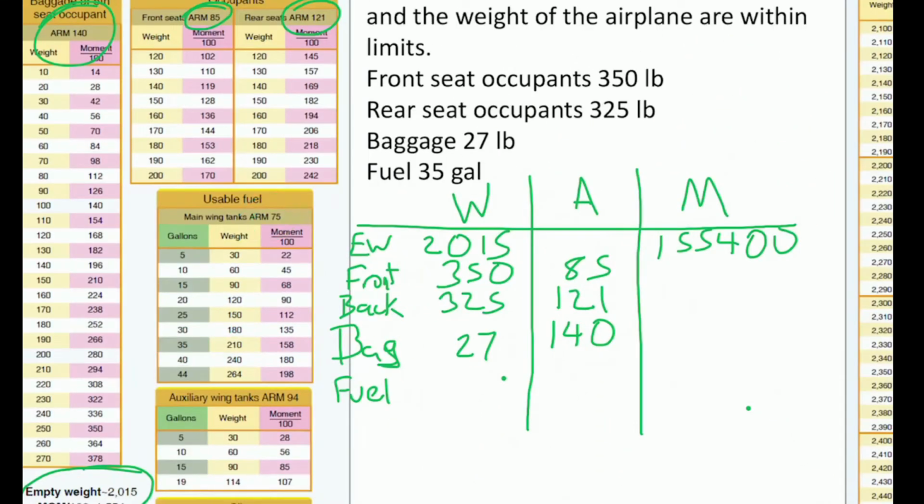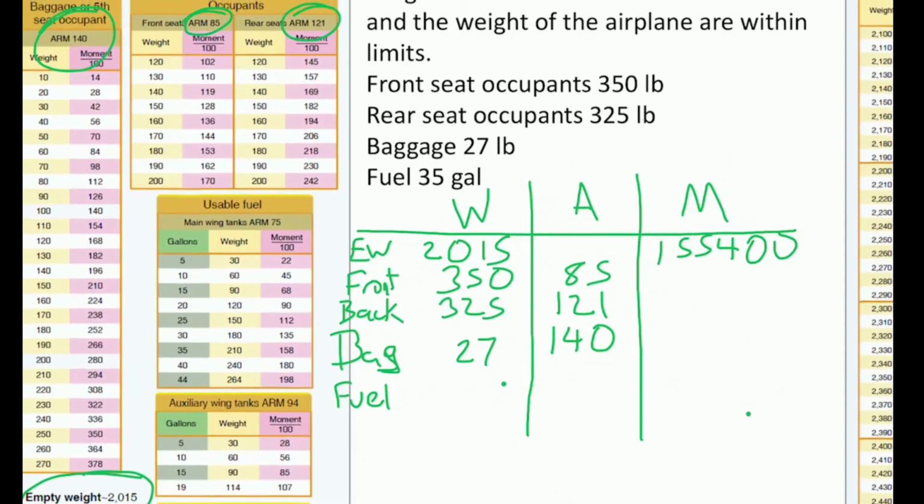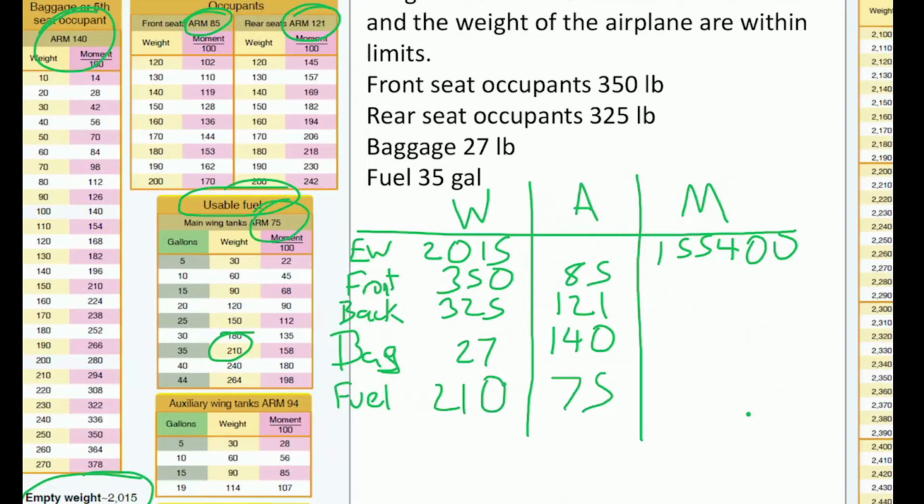All right, your fuel is 35 gallons. If we write 35 here, that would be wrong because it needs the weight, not the number of gallons. Remember that. So 35 gallons, as we look here under usable fuel, is 210 pounds. The arm is 75, and it gives us what our moment will be, which should be 15,800.